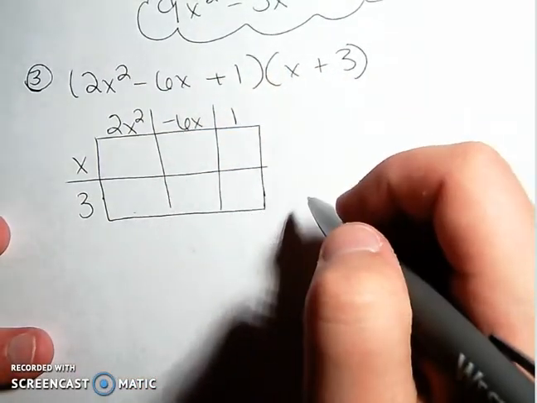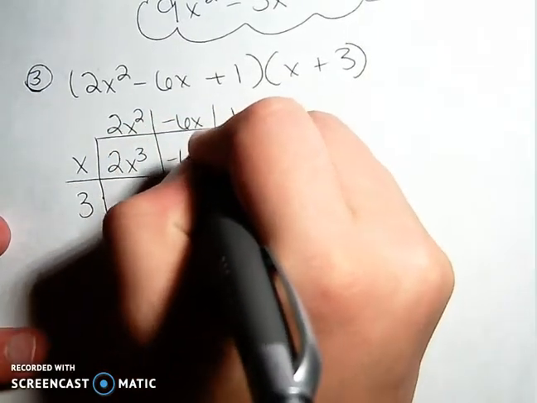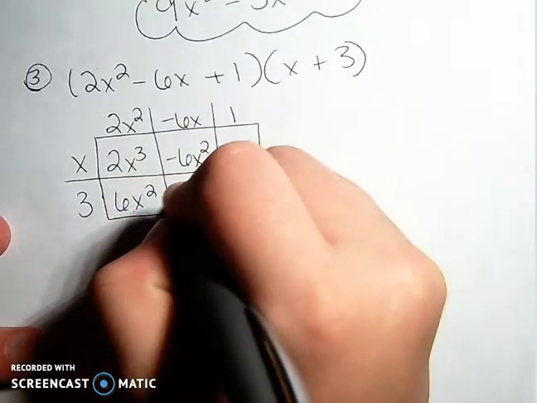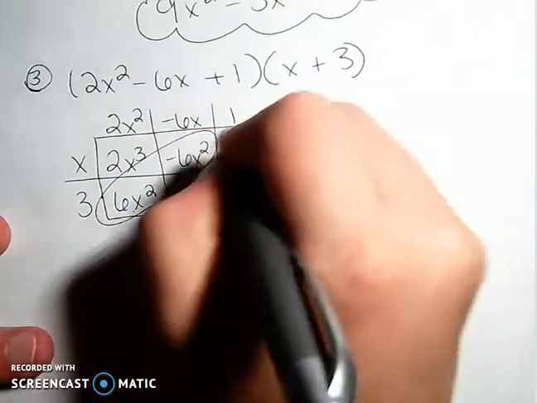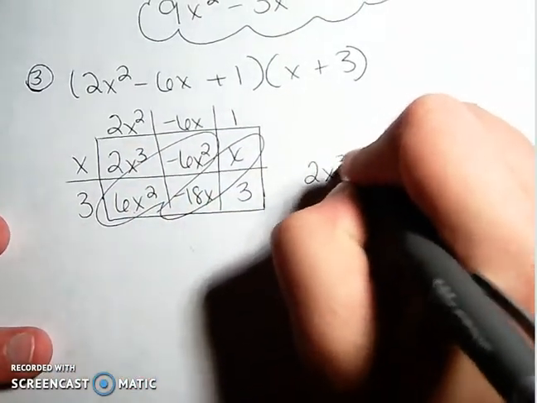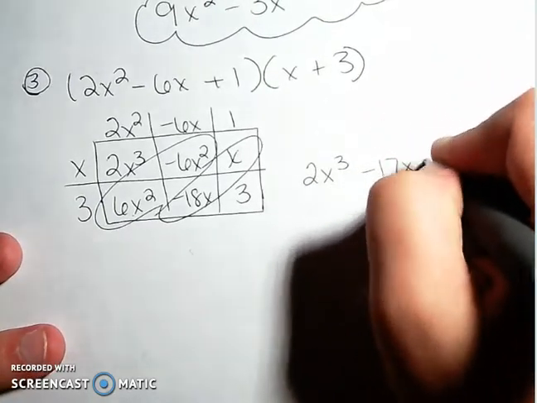Multiply like old school math, so 2x to the third, negative 6x squared, x, 6x squared, negative 18x, and 3. Like terms, always on the diagonal, so my answer is 2x to the third. 6 and negative 6 cancel, minus 17x plus 3.